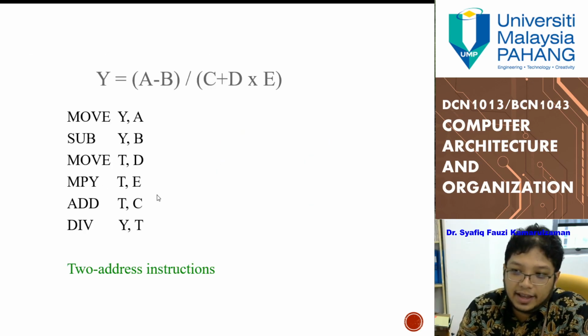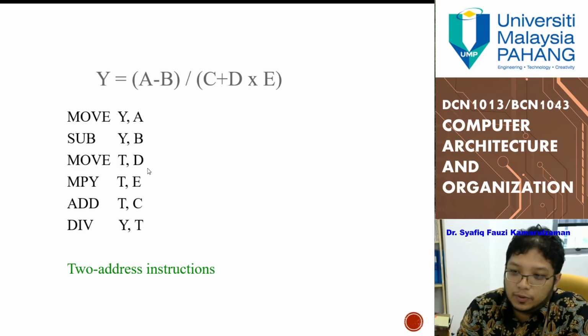So next is another example, the same example, but this time we are using two instructions. In this case, you have move YA, sub YB. Move YA means put A inside register Y. And then sub YB, the content inside register Y, you subtract with B. And then you have move TD.